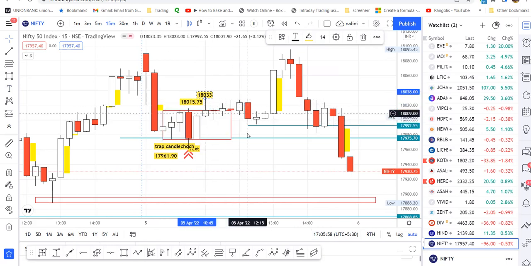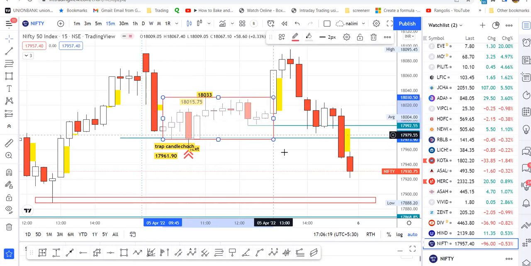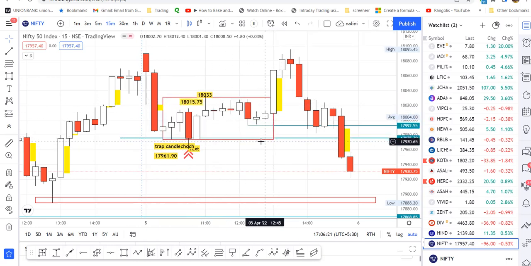So you need to wait for the price to come back and hold this level. Otherwise, in this candle itself, you can enter aggressively. I'll explain it to you. See, expand this box and move this box to here.